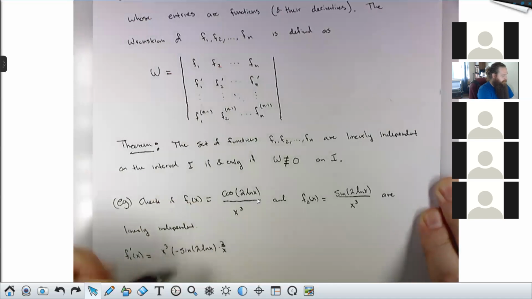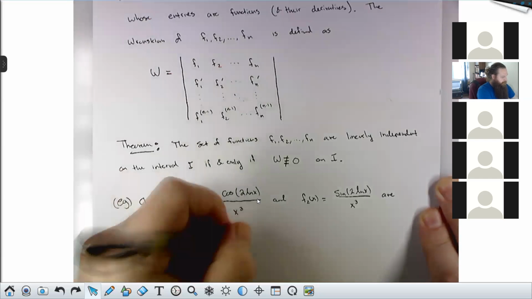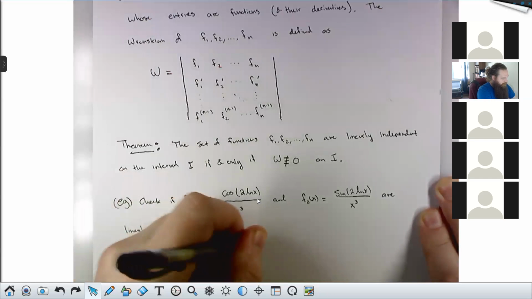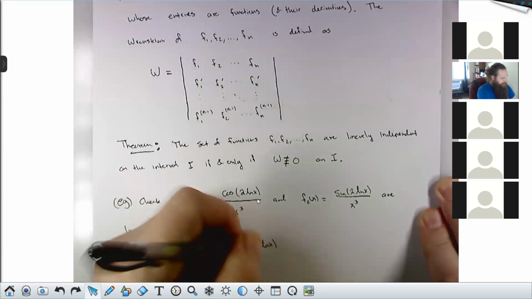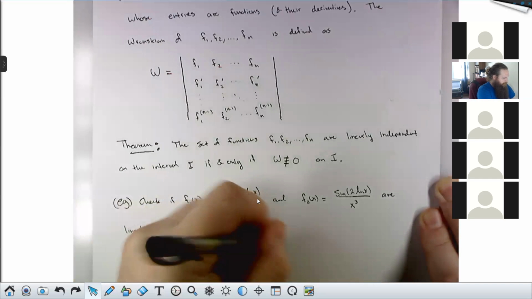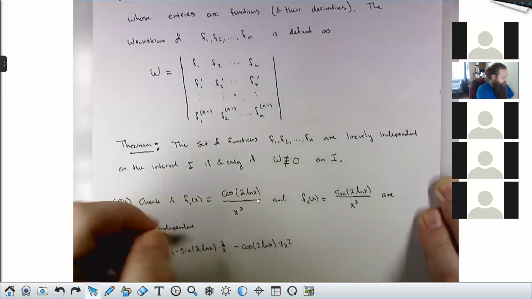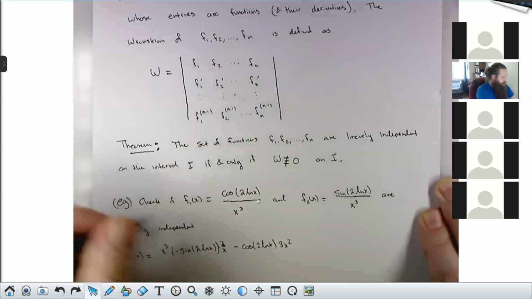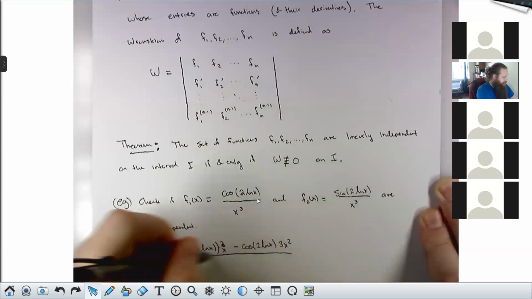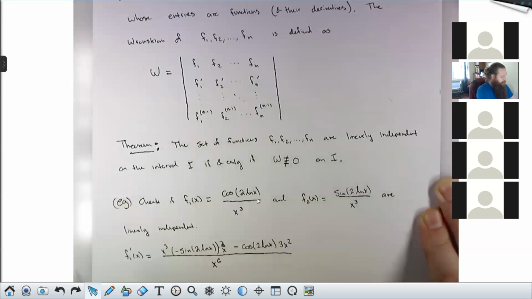Is this 2? All minus the top times the derivative of the bottom, cos 2 ln x times the derivative of the bottom, which is 3x squared. All of this, sorry, I lost a prime there. All of this divided by x to the 6. I'm going to leave some space over here to try and simplify.